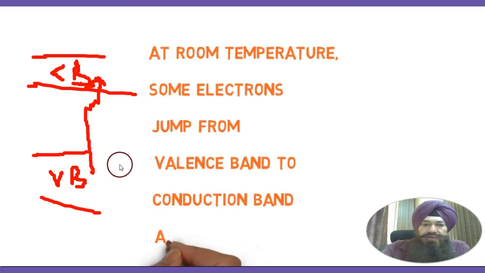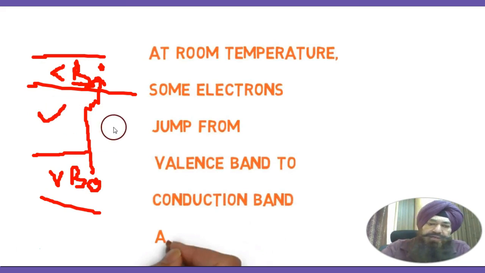When an electron jumps from valence to conduction, the electron comes here and leaves an empty space here. This electron will be free to move in the conduction band and the hole will be free to move in the valence band, and then they constitute the current.